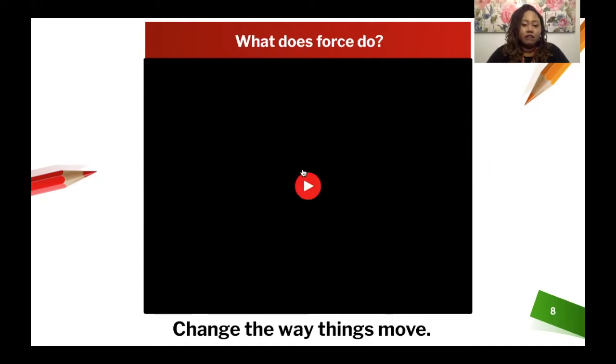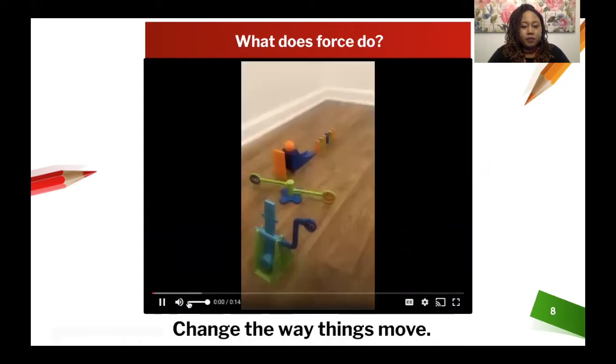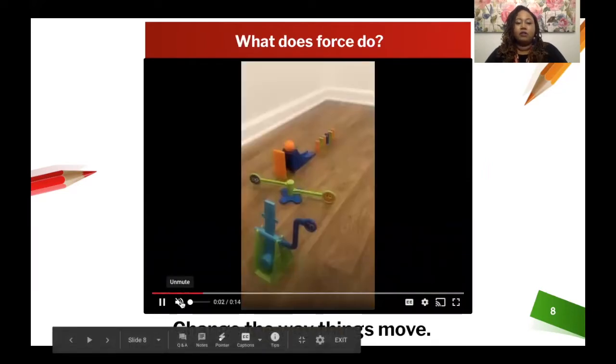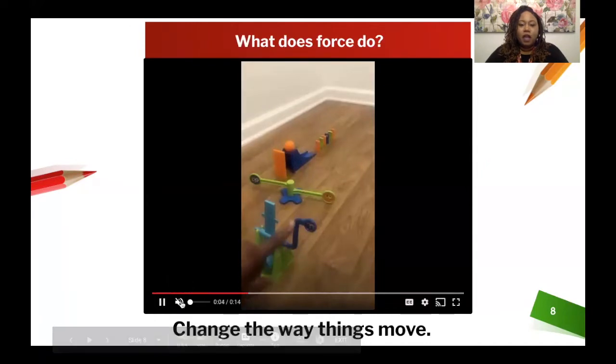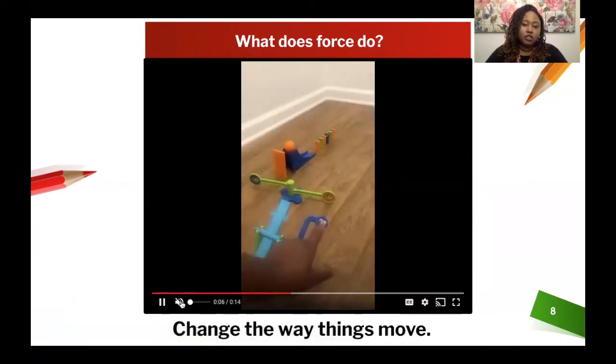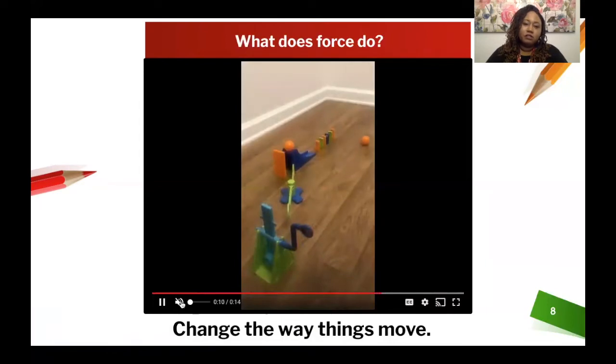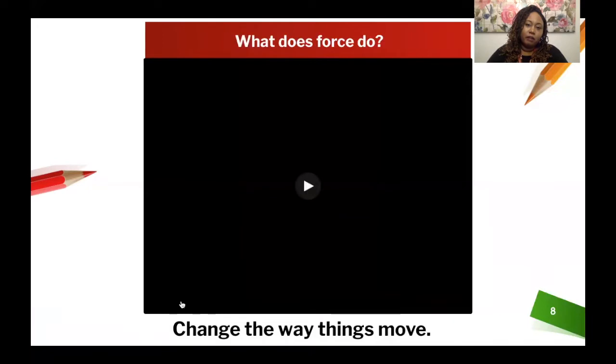Let's look at that video that I made on force, and I'll talk you through it. In this video, I push on the little thing, hit the ball, and the spinning thing hits on the ramp. So I changed the way the ball moved.